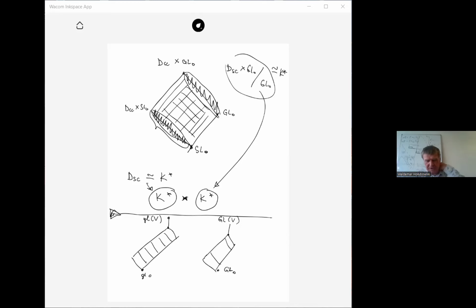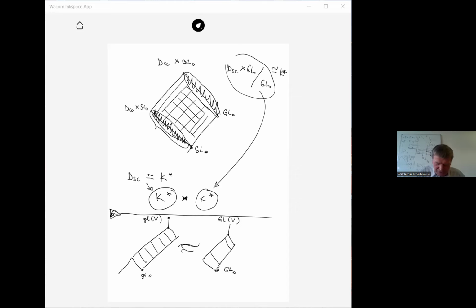So if we take, for example, a quotient algebra or a quotient group, GL(V) by GL0, we will see that in some sense the situation is very similar. Not isomorphic, but similar in the sense of a picture.